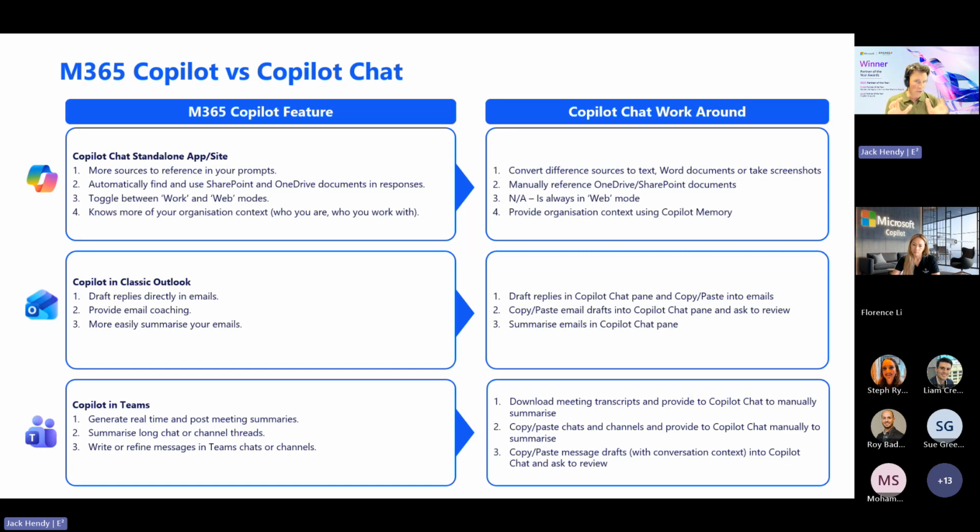So we can see here some options to work around some of the features, and this has been helpful for some of the clients that we've been working with around getting value now. It's important with Copilot Chat, and there's some great features around updating instructions and Copilot memory to make sure that the responses are specific and relevant to you, and I'll show you how to do that in the demo.